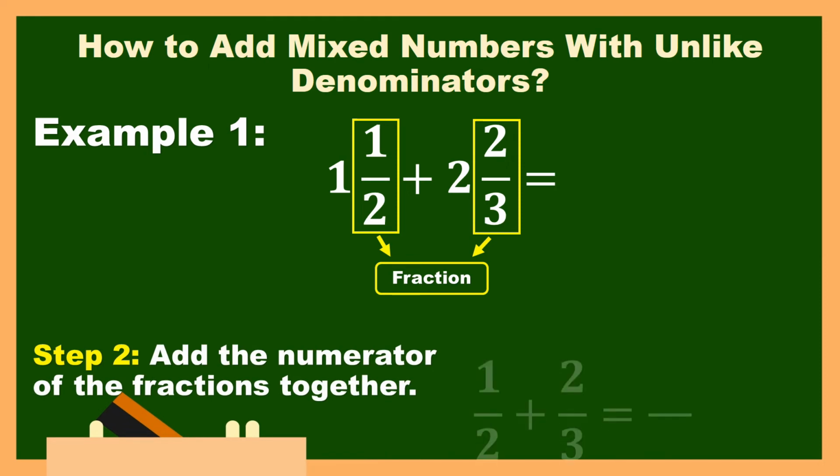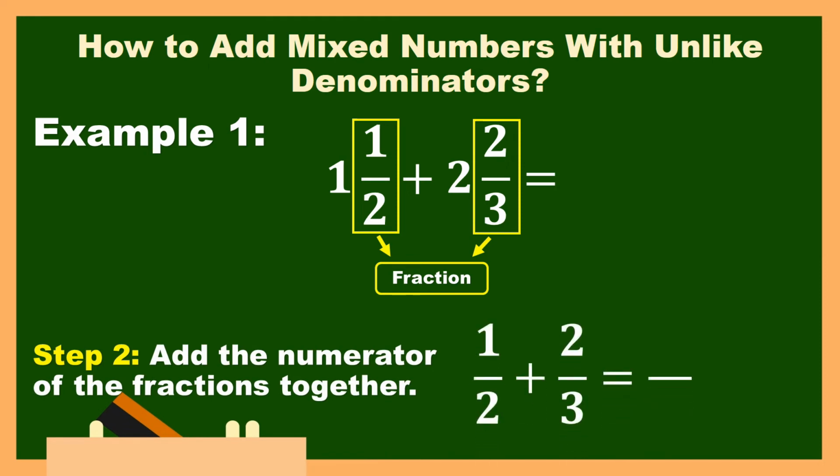So 1/2 plus 2/3, we cannot add them directly since as you can see, they are dissimilar fractions because they have different denominators. So, ang una nating gagawin ay hahanapin muna ang kanilang LCD or the least common denominator para ma-change sila into similar fractions.